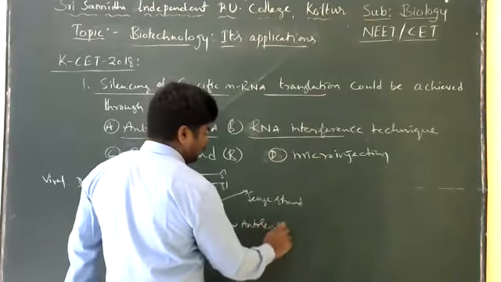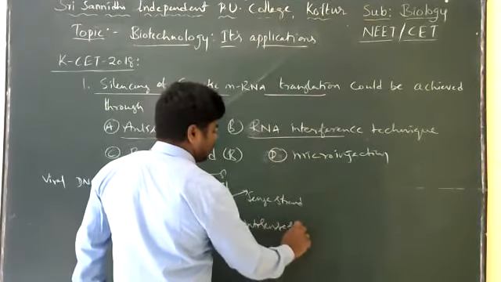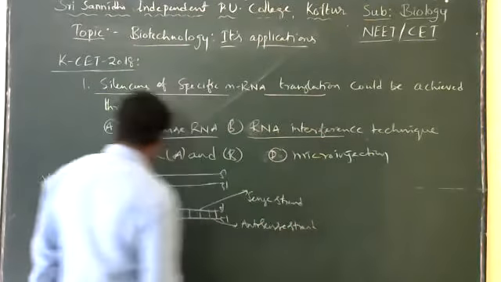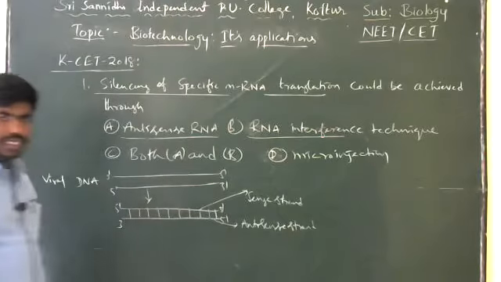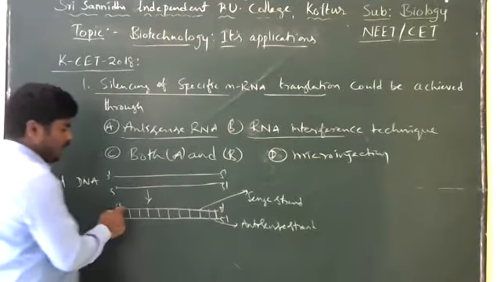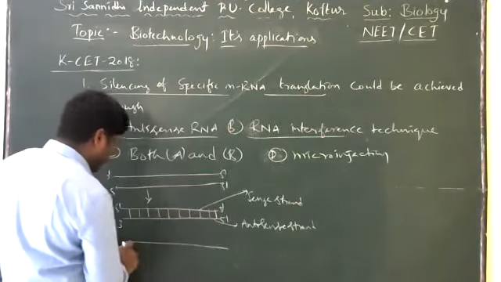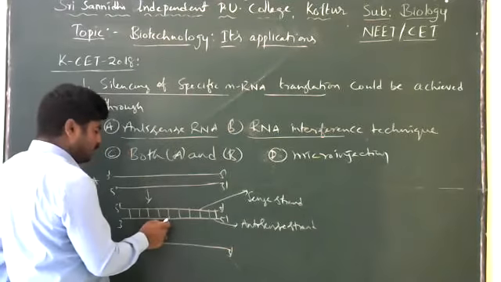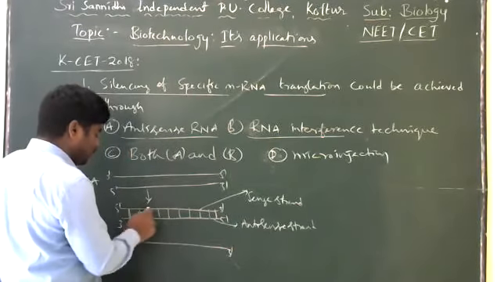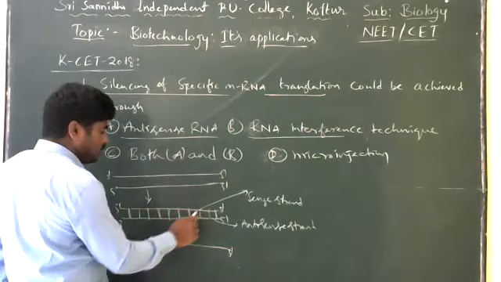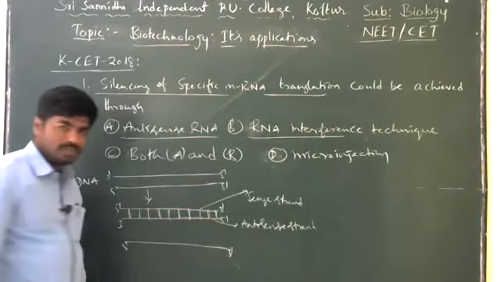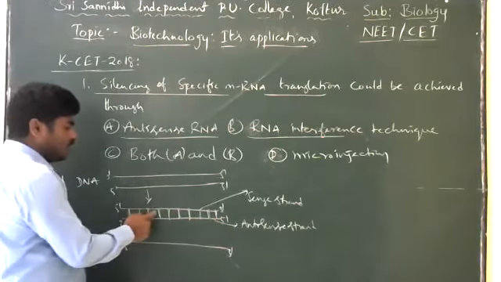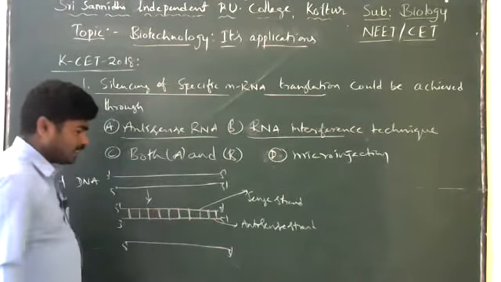The sense strand is involved in the translation mechanism. By the presence of the antisense strand, both combine to form double-stranded mRNA. This type of double-stranded mRNA is not involved in translation.